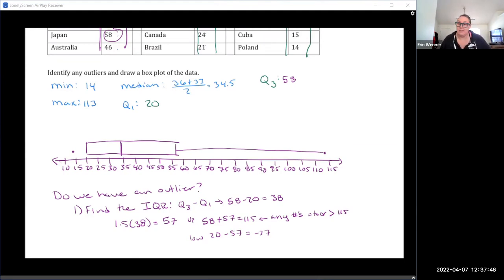1.5 comes from just the definition. So it is just the definition of outliers. Later, when we get into standard deviation, it's a number that's 3 standard deviations above and below the mean. But right now for our box plots, we're just using the definition of 1.5.